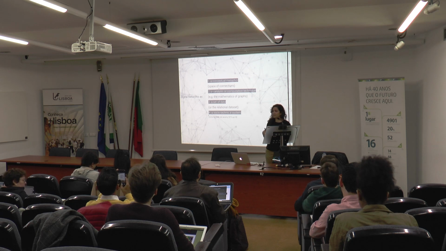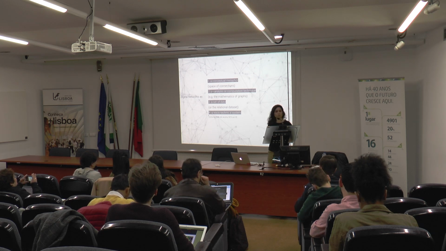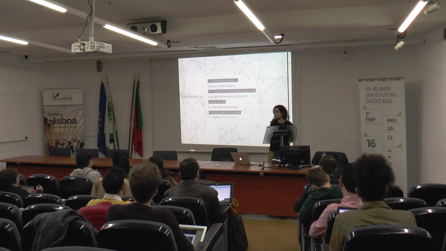And this is the same way we understand these networks. And having these things in mind, and also thinking that digital networks may offer discrete representations of social and cultural phenomena, how can we study them? What can be seen? What can be analyzed?